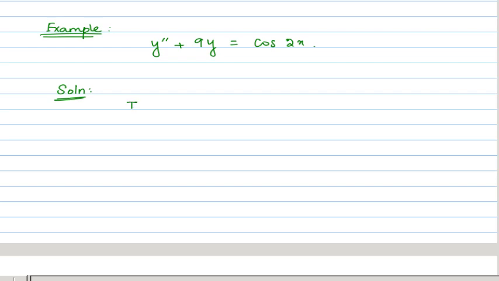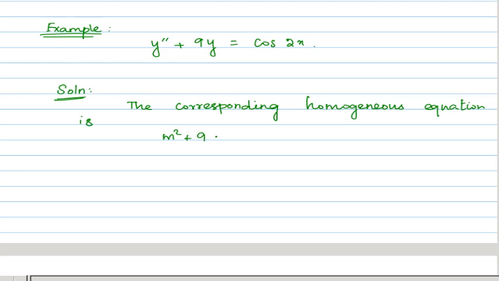As usual, the corresponding homogeneous equation is y double prime plus 9y equals 0. I name this equation number 1.